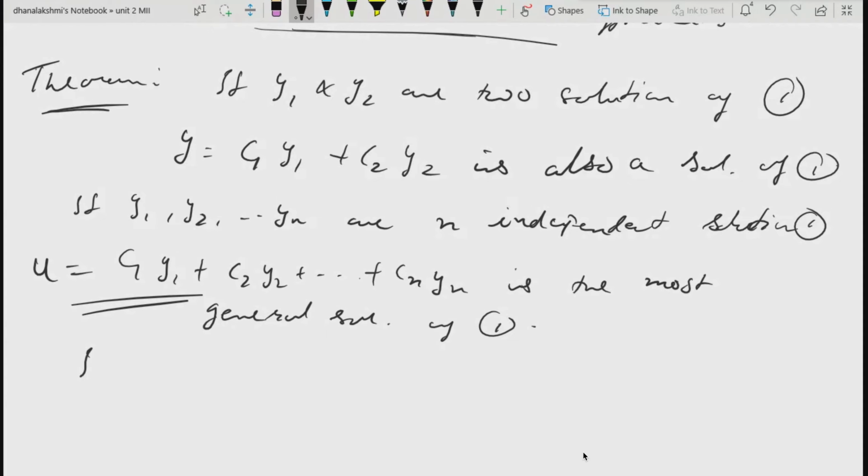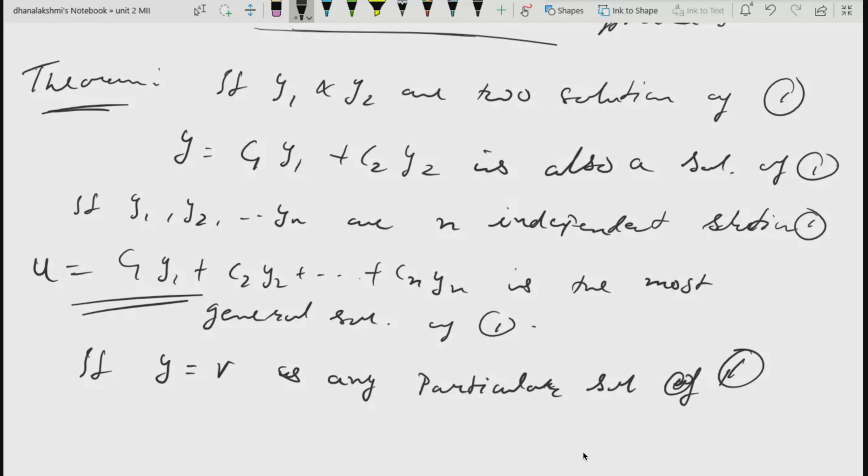So if I say y is equal to v is any particular solution of 1, then y is equal to u plus v, not uv plus v.